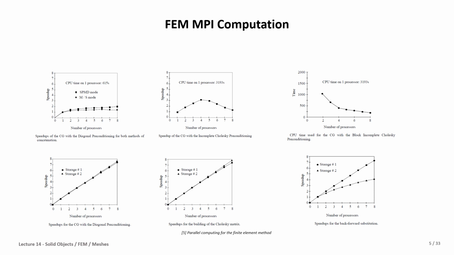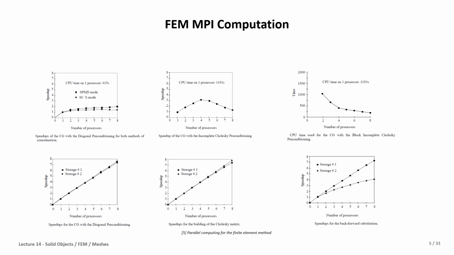However, with incomplete Cholesky, we see there is an optimum number of processors that has the best speed up, and with incomplete Cholesky processing the speed up behaves differently, and of course the time is going down, so that means the speed up is going up.